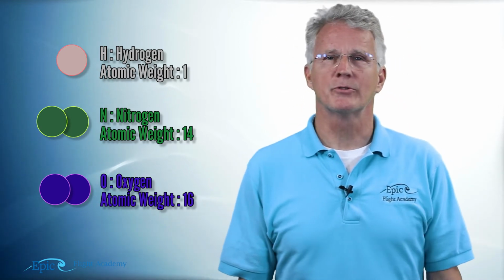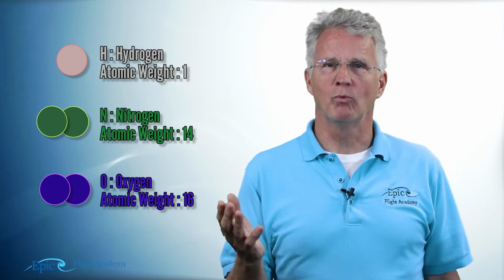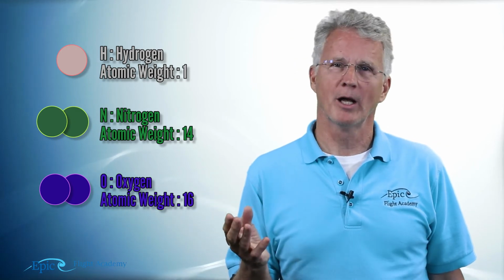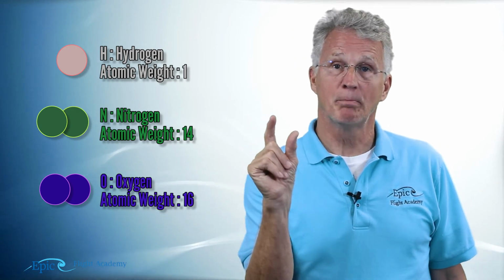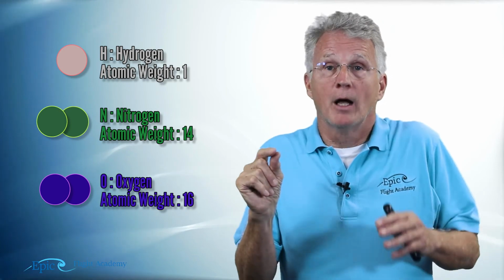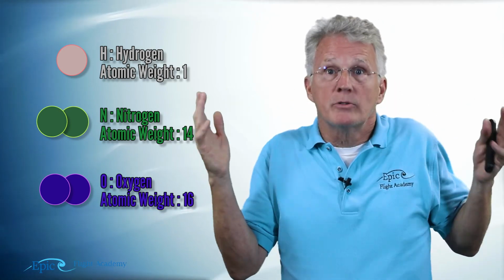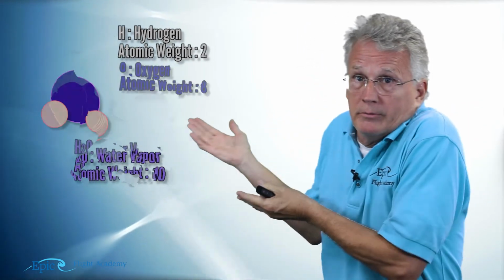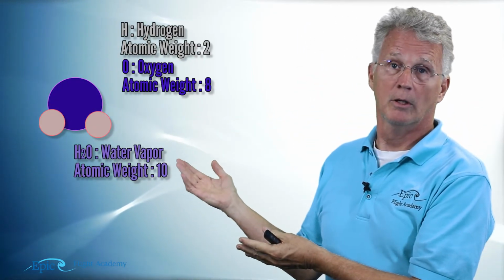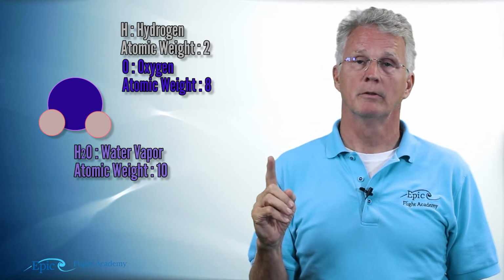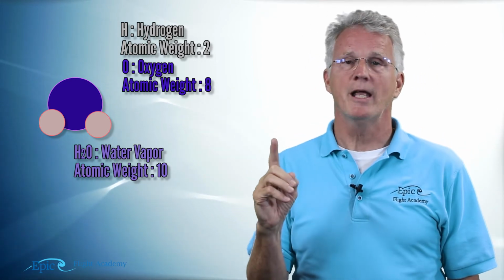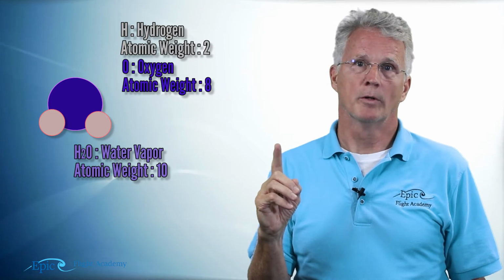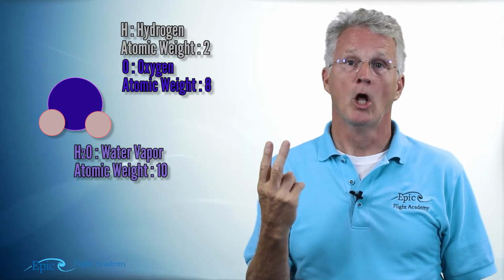Now, this is interesting. Remember that suspended water vapor that we were just talking about? Yeah, it's 0.02 millimeters across, and I can't see it with my naked eye, but it's still water. Water is H2O. H is 1, and if there's 2 H's, that's 1 plus 1, that's 2.